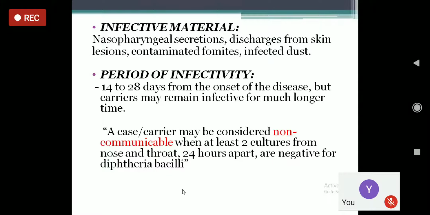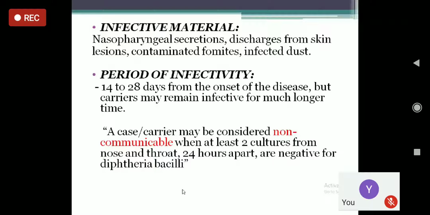And through infected dust: after sneezing, or if you spit out sputum, the bacteria may survive in the environment or in the dust for a certain time. If you inhale that dust, you can get infected. So those are the infective materials, just like in COVID-19; similarly in diphtheria, nasopharyngeal secretions and so on.